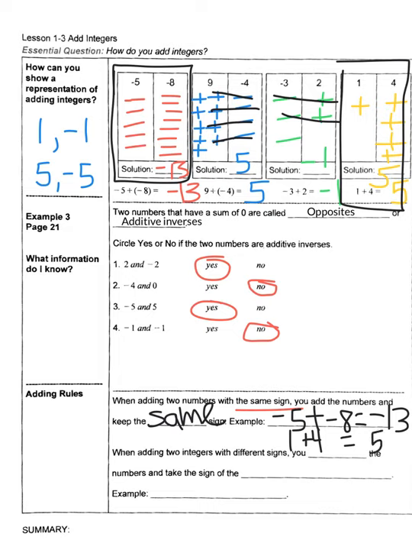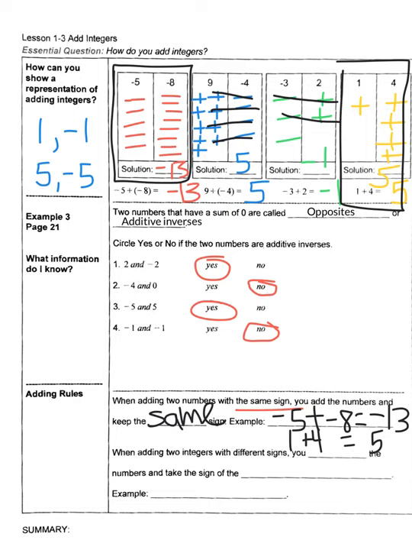So if you have the same sign, you just add the numbers and keep that sign. If it's two negatives added together, your answer is going to be negative and just add the values.